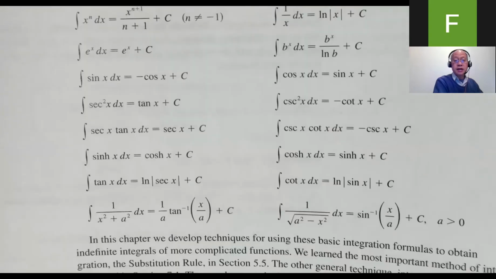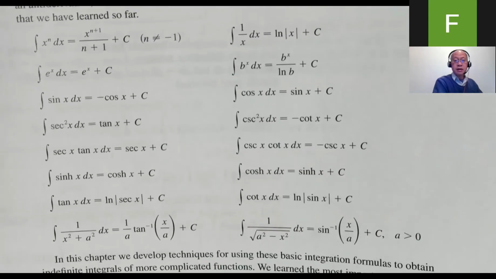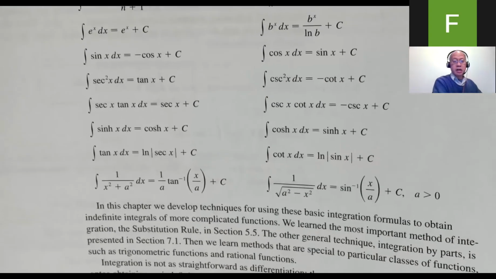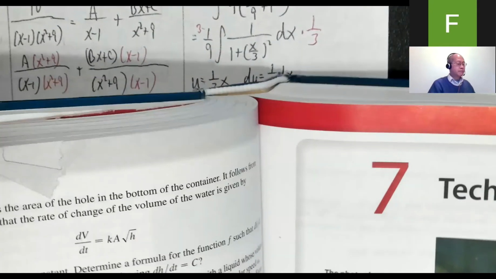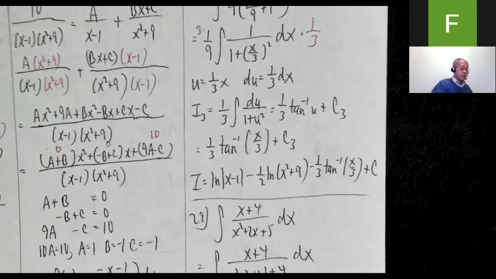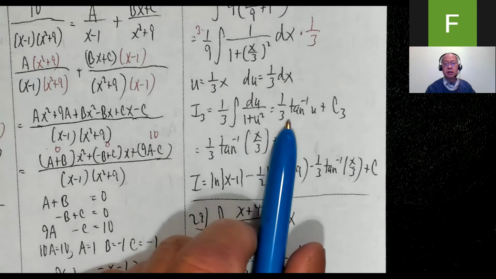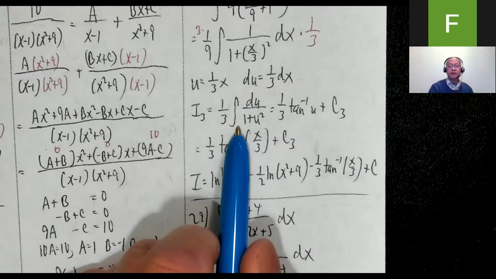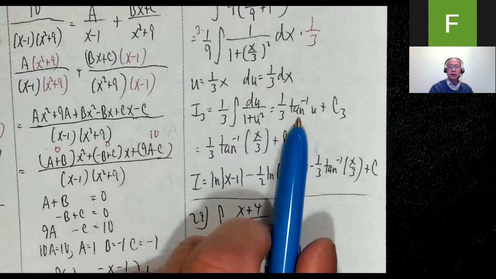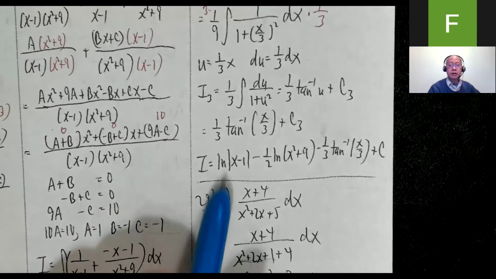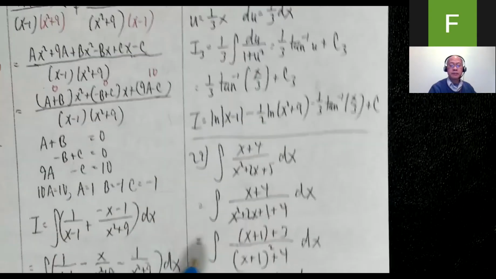I guess I don't see it here after all. There's a variation of it, but I don't really like that one. It's going to take me a while to find it back in Calc 1, but anyway, this is it. The derivative of inverse tangent was 1 over 1 plus u squared. Therefore, the integral of 1 over 1 plus u squared is inverse tangent. I'm not sure if that answers your question, but if not, you can ask again.